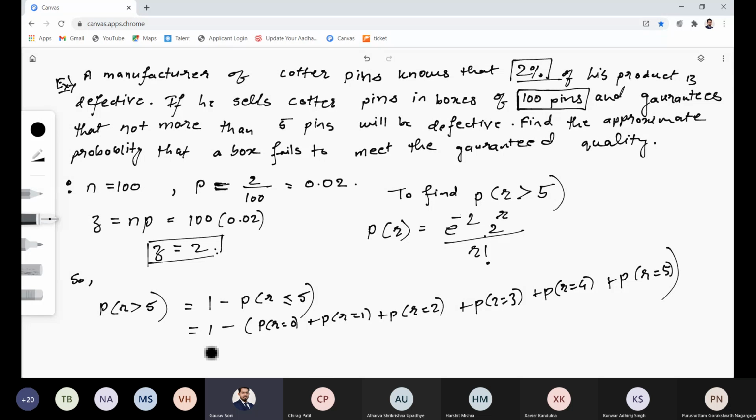So what we can enter in our calculator is 1 minus the summation of e to the power minus 2, 2 raised to x upon x factorial, where x runs from 0 to 5.